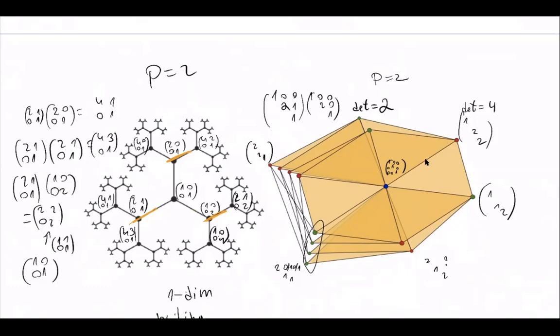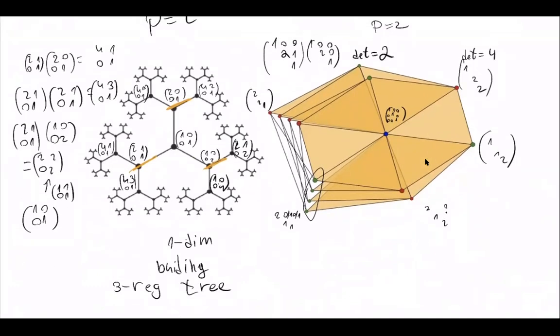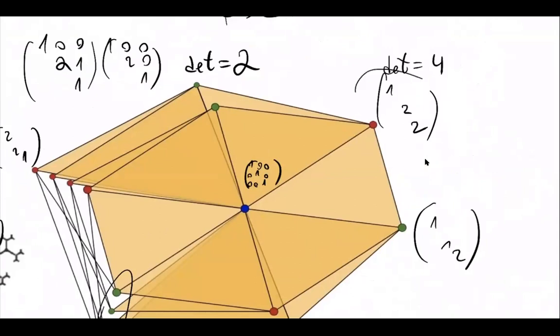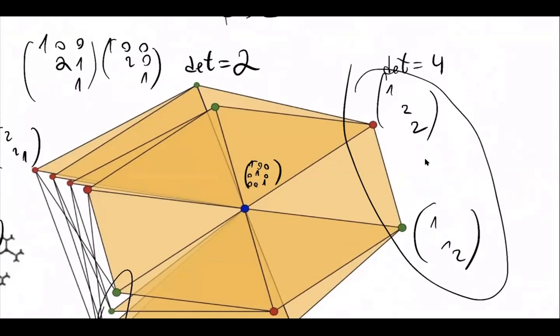Actually, now when I look at it, it is clear that these two vertices are neighbors, right? And both of them are neighbors of the identity, because clearly the upper one is contained in the lower one, and again, clearly twice the lower one is contained in the upper one. So these are adjacent to one another, so I wrote the correct matrices here. So this is a good sanity check.